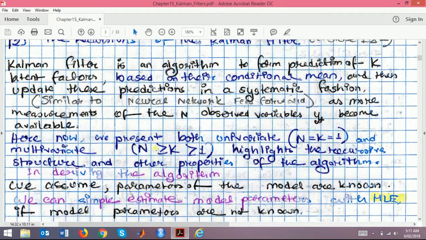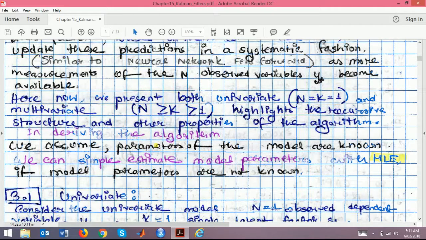Here now we present both univariate and multivariate algorithms. Univariate is n equals k equals 1, and multivariate is both in terms of n and k greater than 1. This highlights the recursive structure and other properties of the algorithm. In deriving the algorithm, we assume the parameters of the model are known. Generally what happens is we take initial parameters in the model, with predictions going forward.